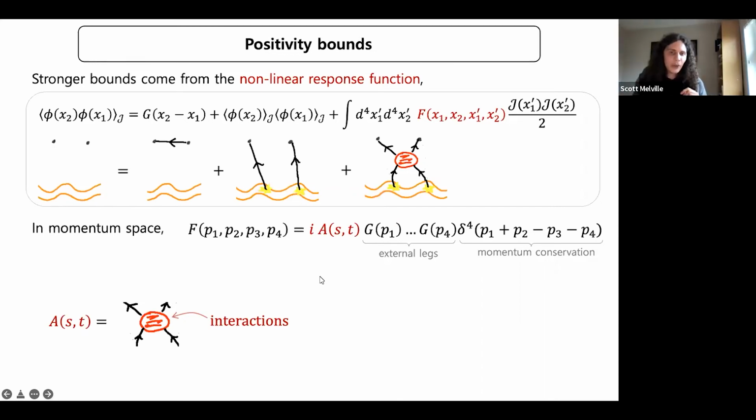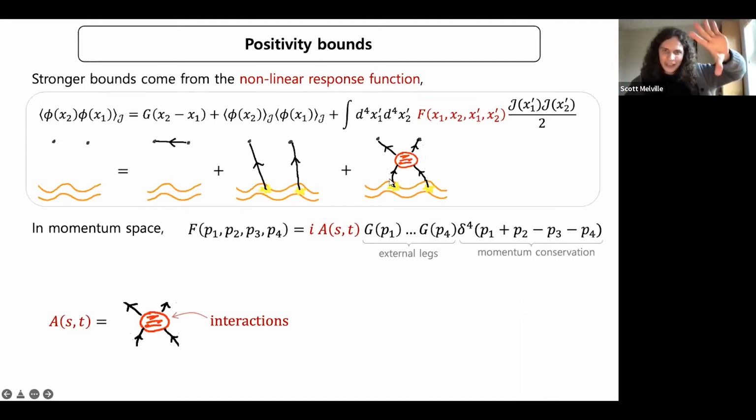Good. So again, in momentum space, if we were to Fourier transform in these four arguments, we would find that this nonlinear Green's function has a very particular form. If this theory is invariant under translations, then there's always going to be some delta function which enforces the conservation of momentum. That's just a result of the symmetry. Also, looking at this diagram, these interactions have two fluctuations coming in from the past and two fluctuations going out to the future.